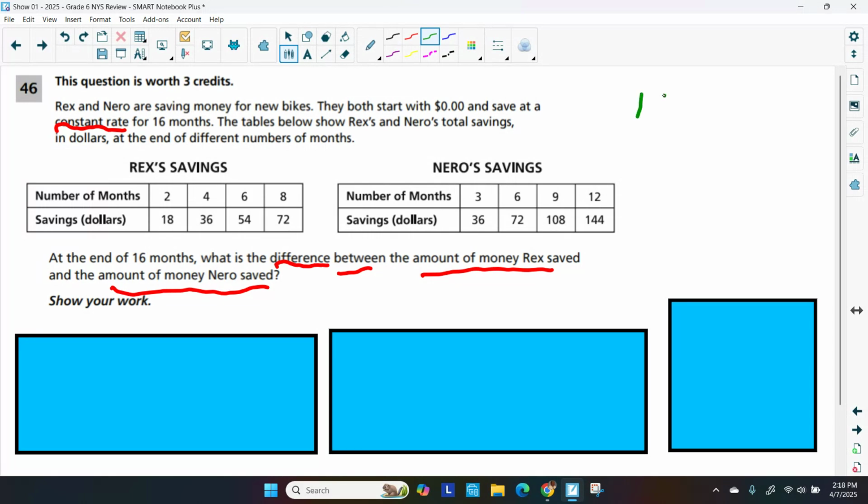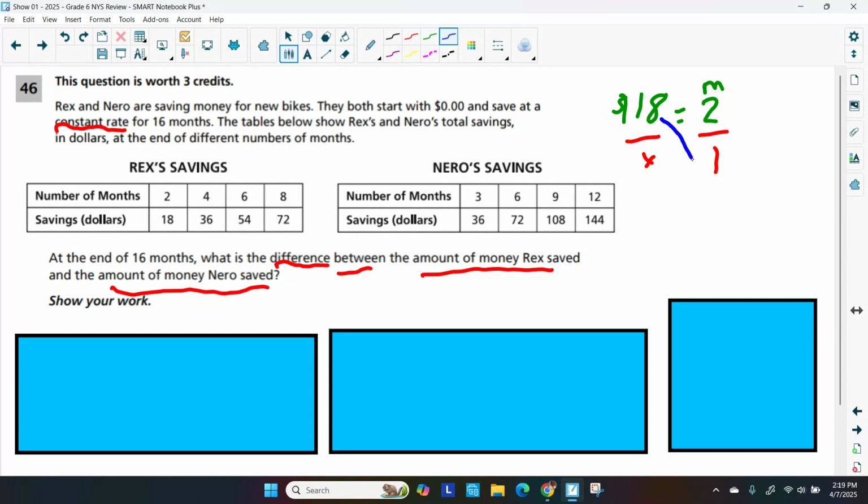Well, if he saved $18 in 2 months, and put my dollar sign there, how much money would he save in 1 month? So I have my proportions or equal fractions. All I have to do is cross multiply and divide by 2.